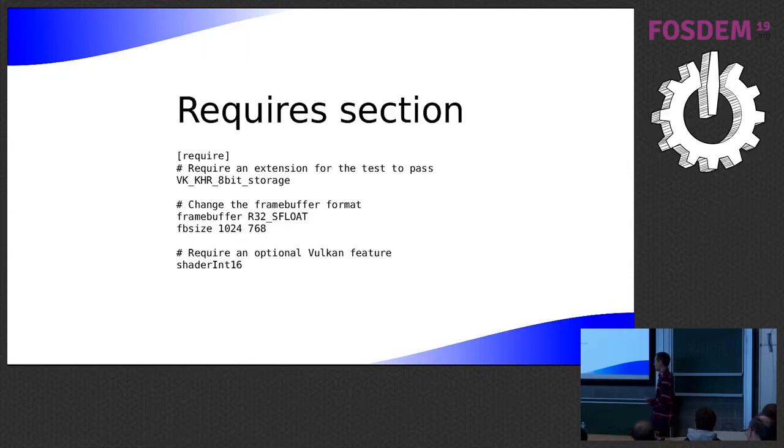The same thing is here. I just took the struct and converted them all into commands. So if you list any member of that struct, it will check that the feature is available, and if so, it will enable it. And you can also set the format of the frame buffer, again using the format enums and the size.